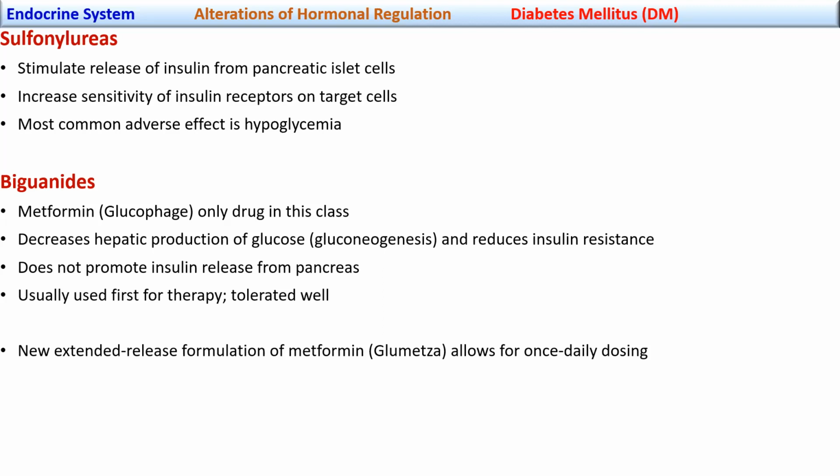The biguanides, most side effects are minor, but they are more GI related, more GI symptoms. Biguanides like metformin, glucophage, the most commonly prescribed medication among all of the hypoglycemic agents, is metformin glucophage.